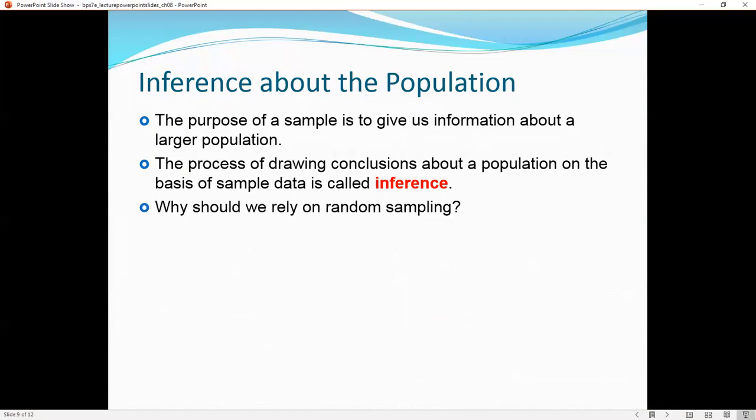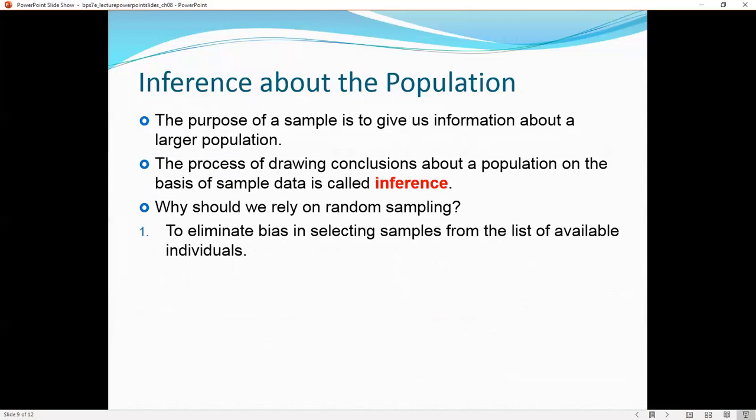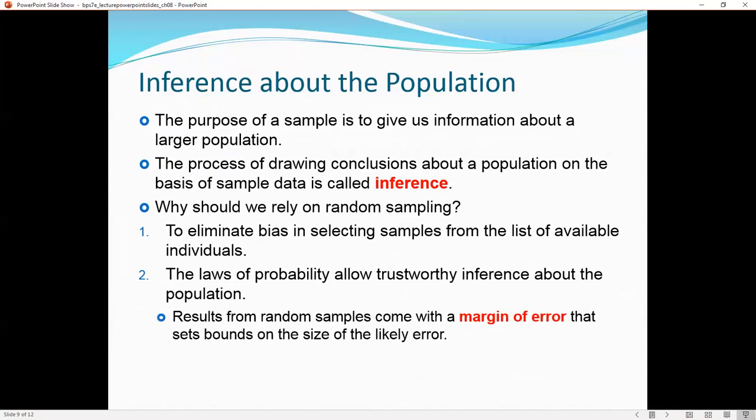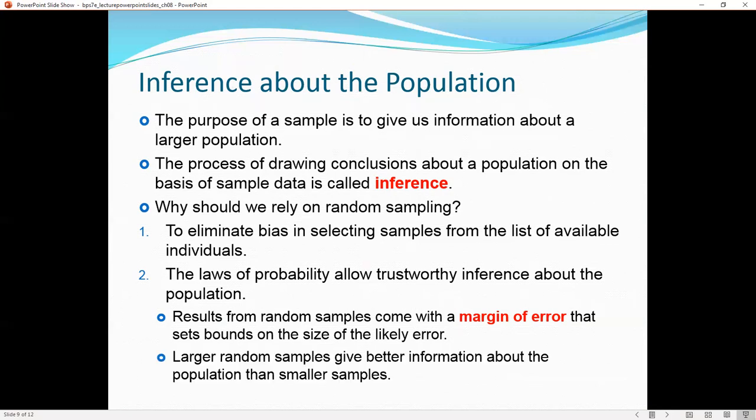Why should we rely on random sampling? 1, to eliminate bias in selecting samples from the list of available individuals. 2, the laws of probability allow trustworthy inference about the population. Results from random samples come with a margin of error that sets bounds on the size of the likely error. Larger random samples give better information about the population than smaller samples.